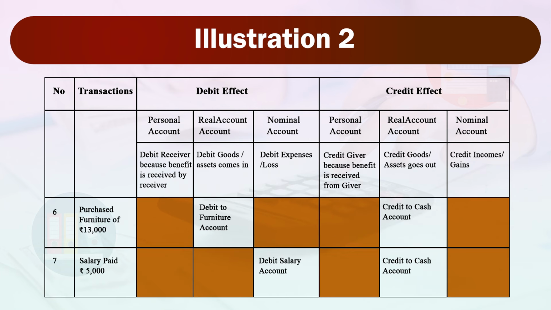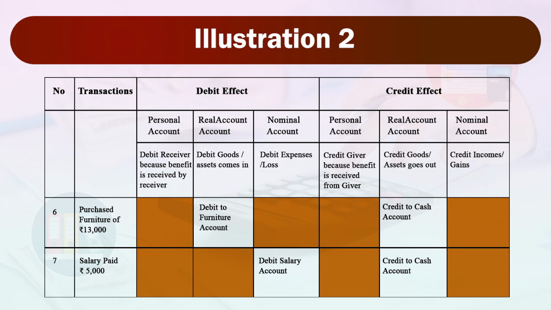Sixth transaction is purchased furniture for rupees 13,000. Here we will debit the furniture account as furniture is treated as a real account. So, rules of real account will be applied, debit whatever comes in and credit whatever goes out. As we are purchasing furniture, furniture comes in the business.